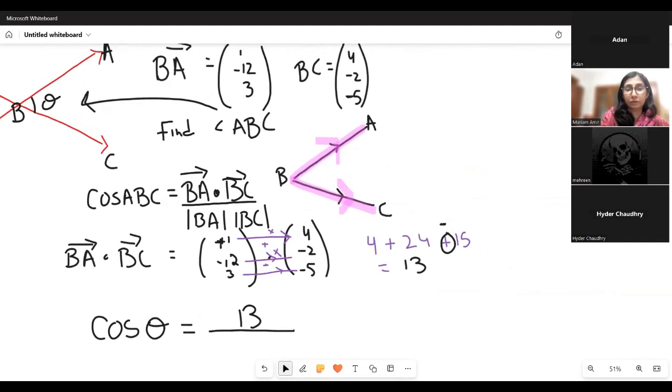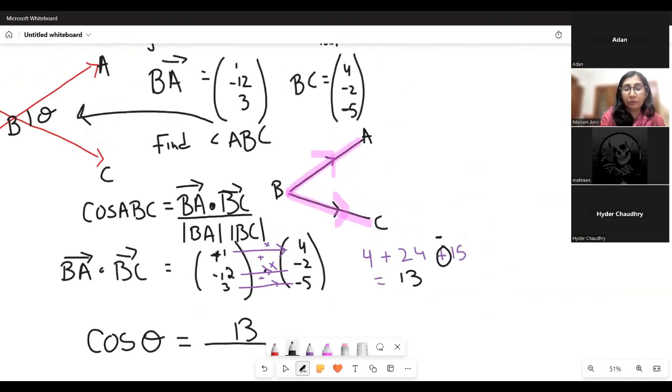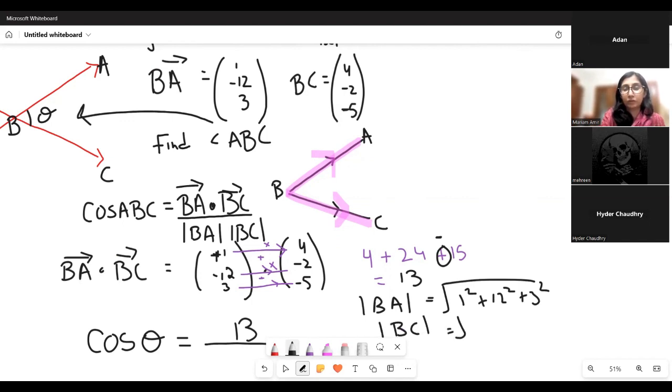You know how to find the magnitude of the vectors? BA magnitude equals square root of 1 square plus 12 square plus 3 square, and BC magnitude is going to be square root of 4 square plus 2 square plus 5 square.